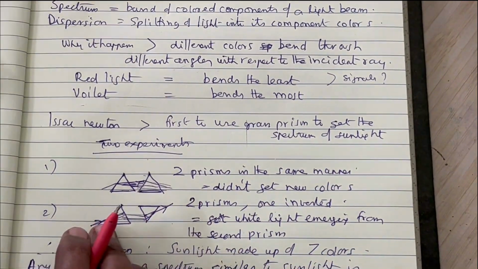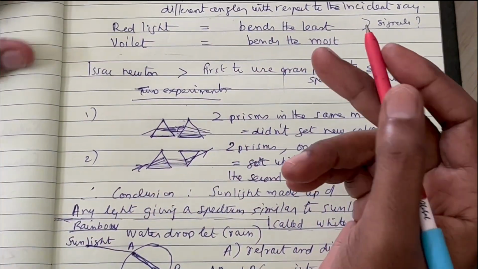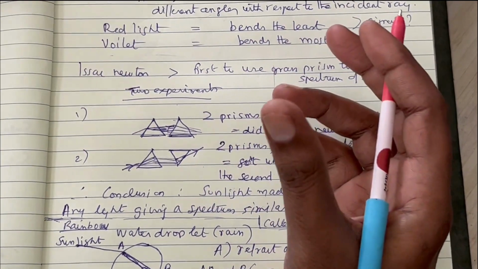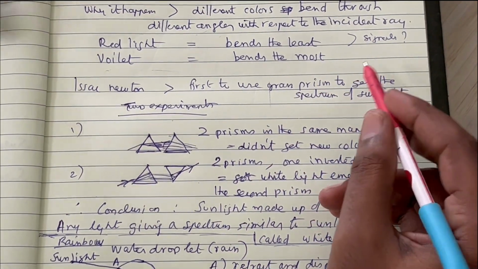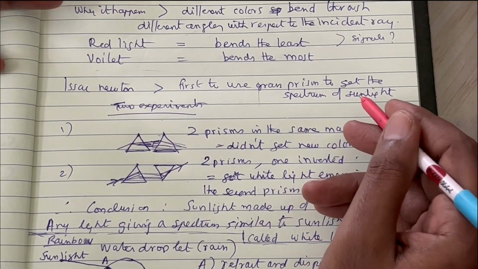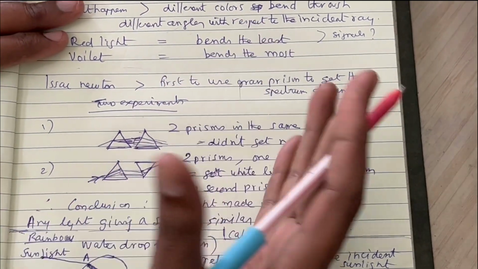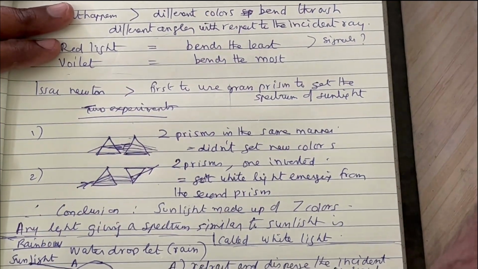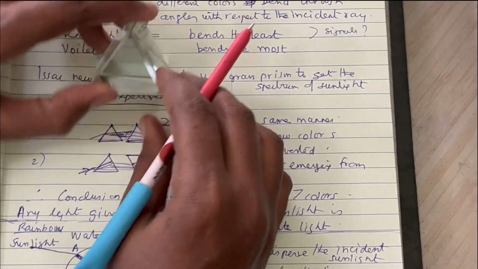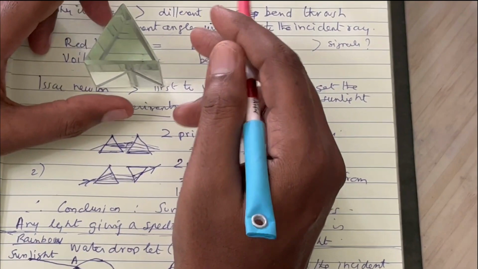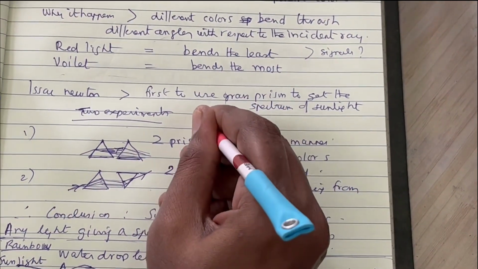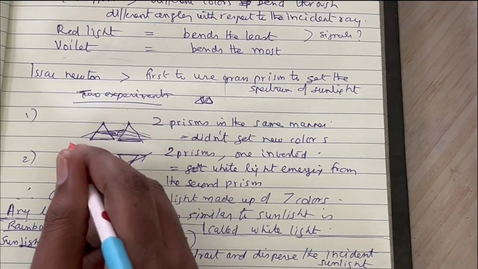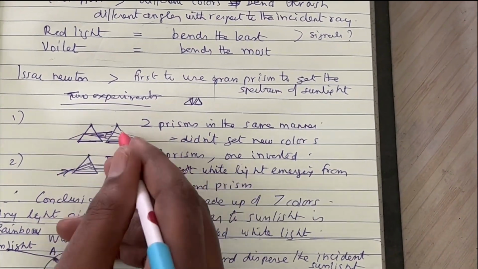Now let's look at some very interesting experiments done by the famous scientist Isaac Newton. He was the first person to use a glass prism to get the spectrum of sunlight. He did basically 2 types of experiments. In the first experiment, he kept 2 prisms in the same manner and let sunlight through them.